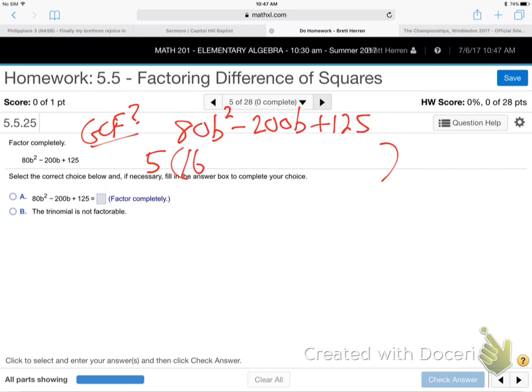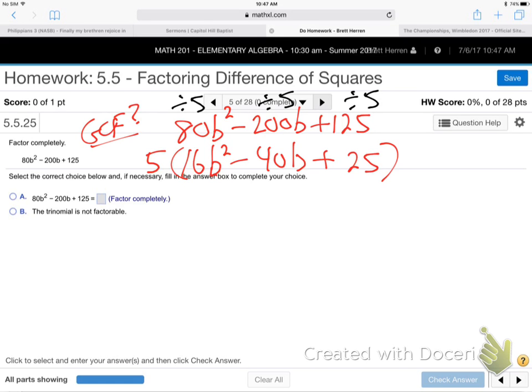Okay, so this is 16b squared. So you just divide them all by 5, don't you? Everybody good there? When you factor out a 5, that means you're dividing them all by 5. What's this one going to be? 40? Good to there?